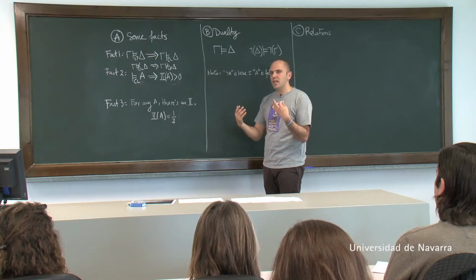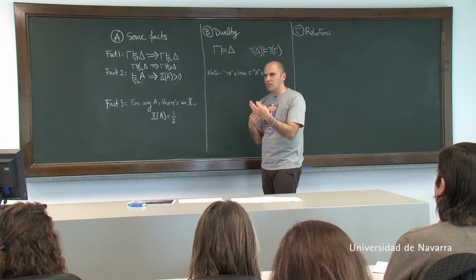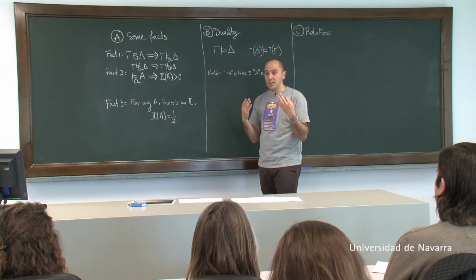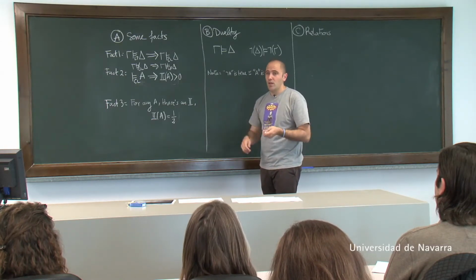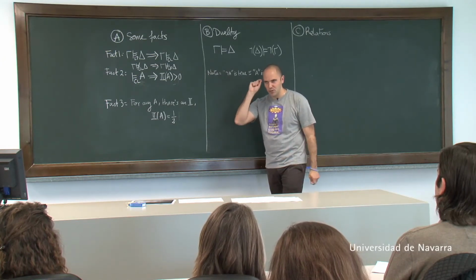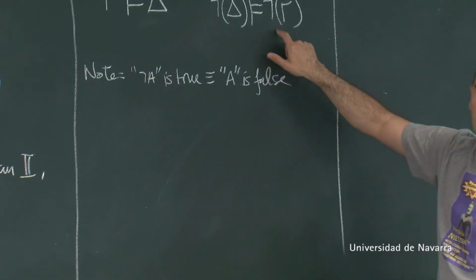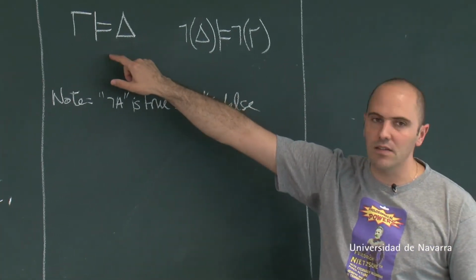Now consider this statement in contrapositive form. It says, if all the deltas are untrue, some of the gammas are untrue, right? You should retain this in your mind.